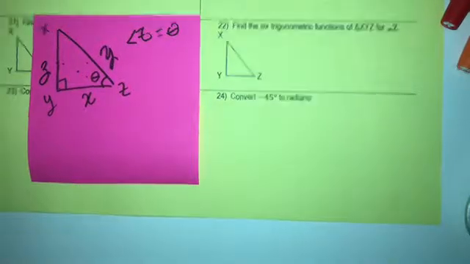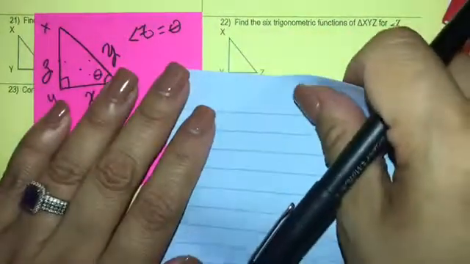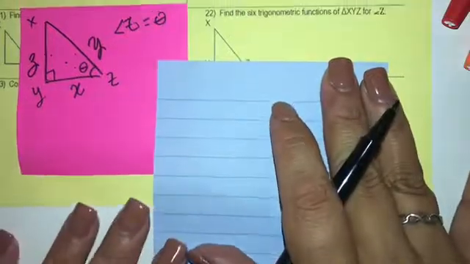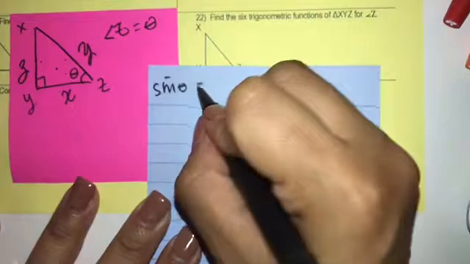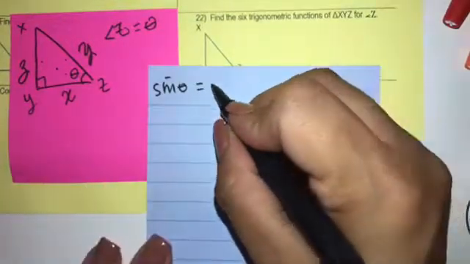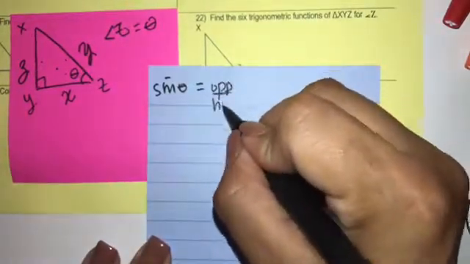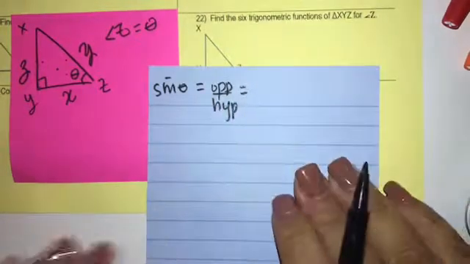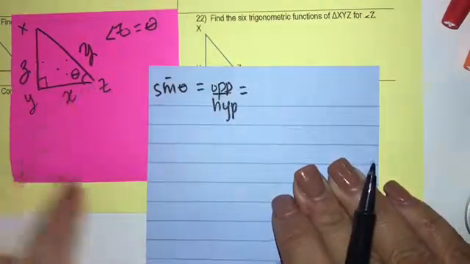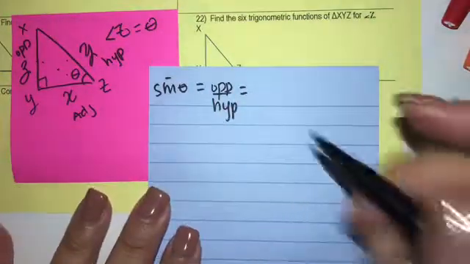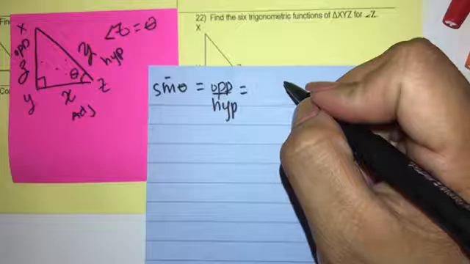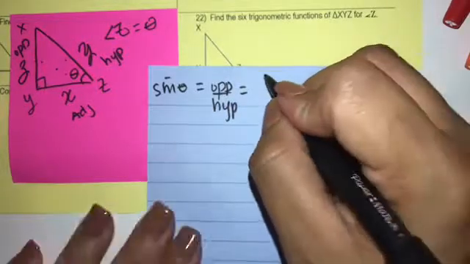And then just do trig functions from here. So sine of theta equals opposite over hypotenuse. So z, this is also going to be opposite. This is also going to be adjacent. And this is going to be the hypotenuse. So it's going to be little z over y.